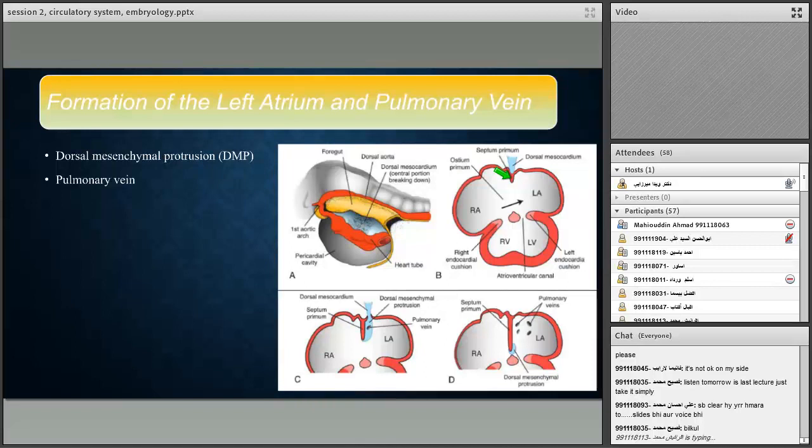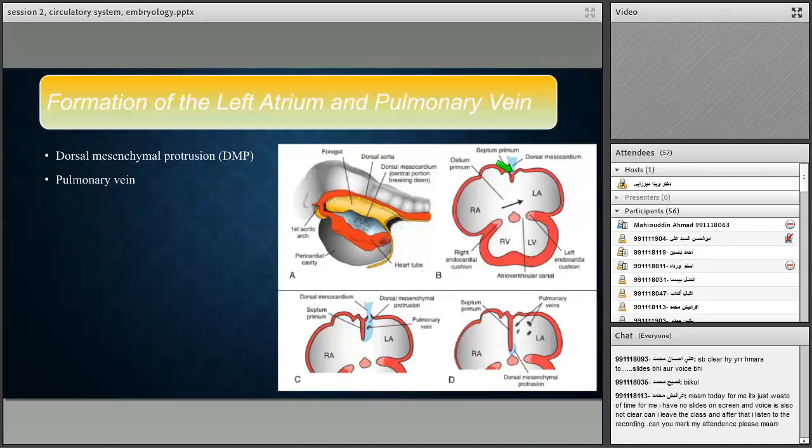Do you remember the dorsal mesocardium? The mesocardium which suspends the cardiac tube in the pericardial cavity. The mesenchyme at the caudal end of this mesocardium begins to proliferate in the pericardial cavity, okay?